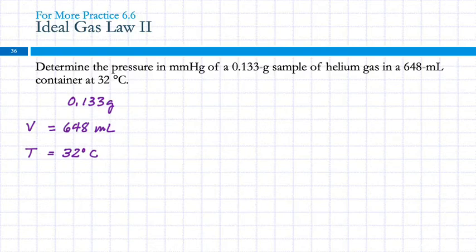And I'm trying to find the pressure. So, ideal gas law. That's kind of messy. PV equals nRT. If I want to solve for pressure, I'm going to divide both sides by volume. Volumes cancel out.